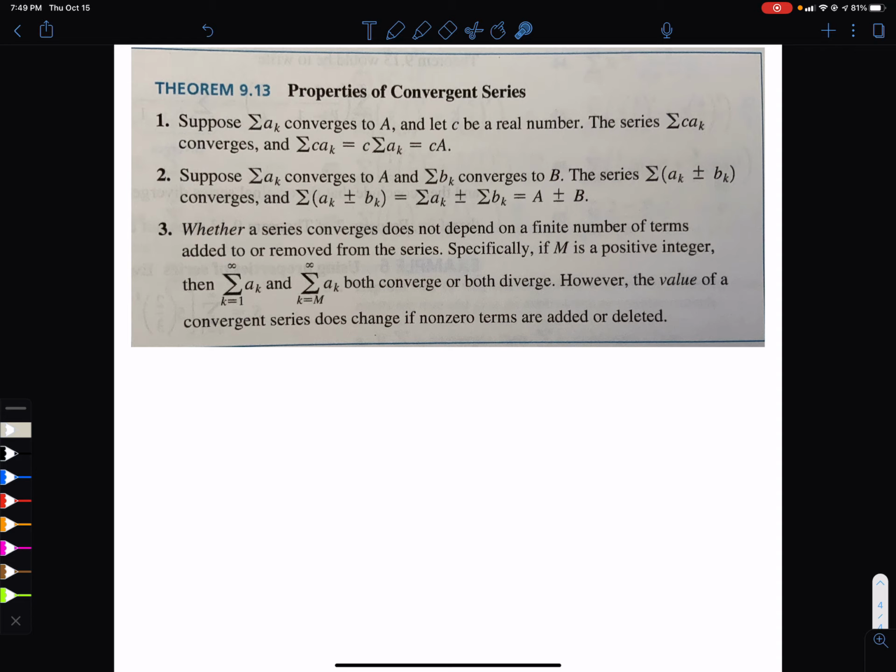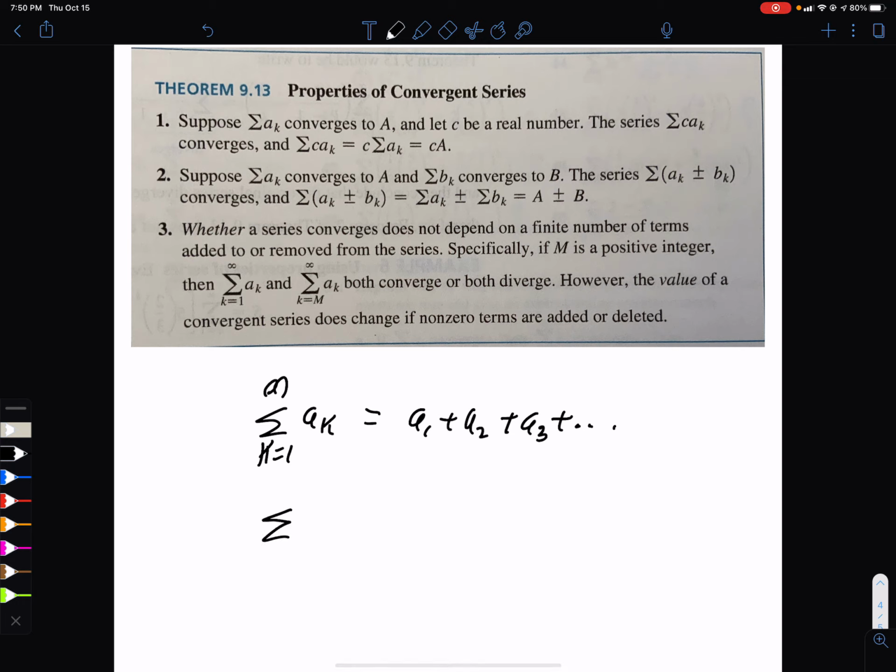Okay, this is the one that I'm going to try to work with your brain and see if you can follow this. Number 3, what is it saying? So I'm going to start at 1 and go to infinity for this series. So I get a sub 1, a sub 2, a sub 3, dot, dot, dot. Now, they're going to say this to you. Instead of starting at 1, I'm going to start at a different number.